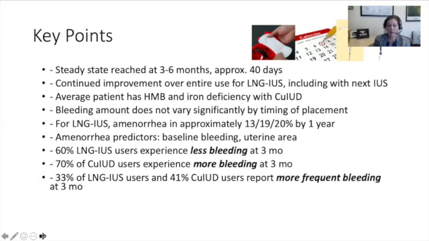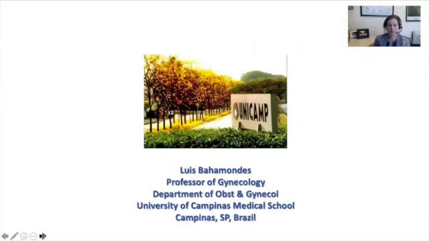Less than 1 in 4 of those using the LNG 20 will have amenorrhea at 1 year. IUS patients report similar experiences to those collected with daily bleeding diaries in stringent research studies, which is reassuring. And now I will pass it off to Luis Bahamondes for a discussion of expulsion and reasons for discontinuation.